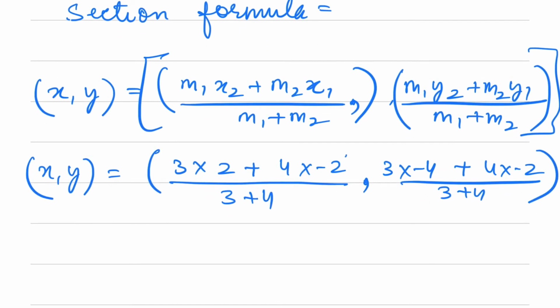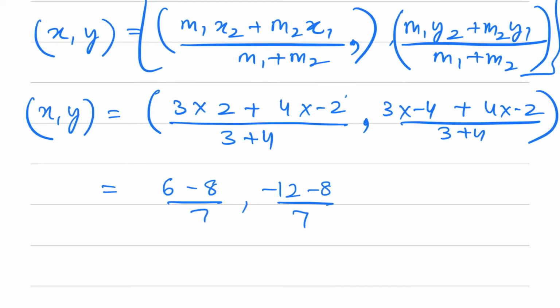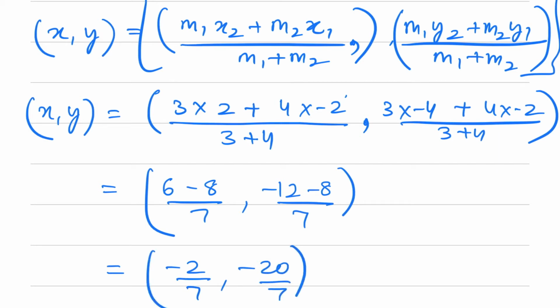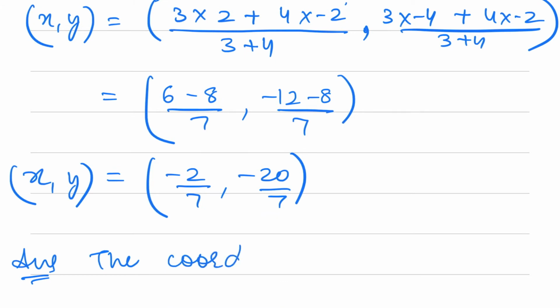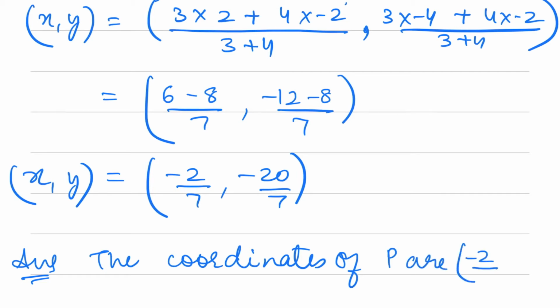So we have this equal to 6 minus 8 by 7, and this would be minus 12 minus 8 by 7. So this gives me minus 2 by 7 and minus 20 by 7. So these are the coordinates. The coordinates of P are minus 2 by 7 and minus 20 by 7.